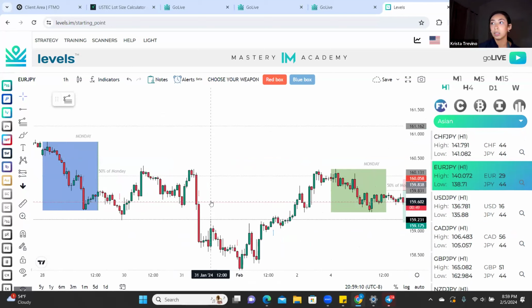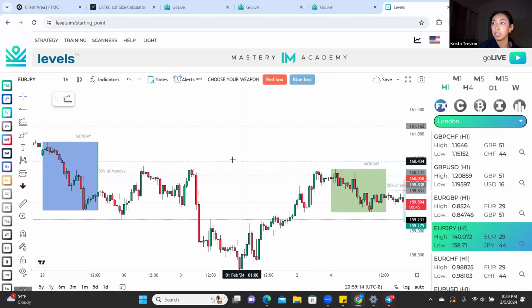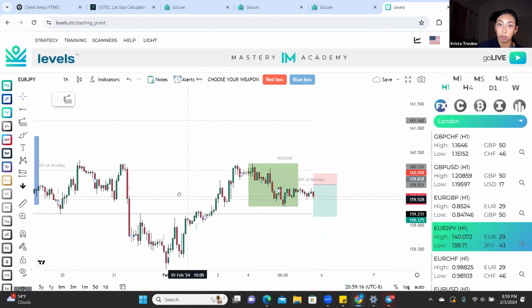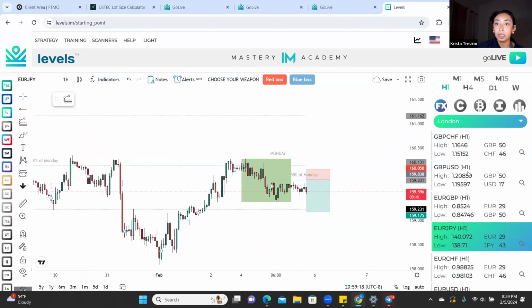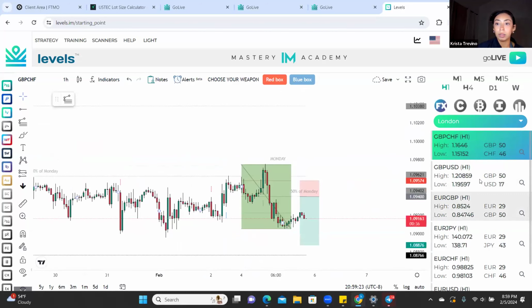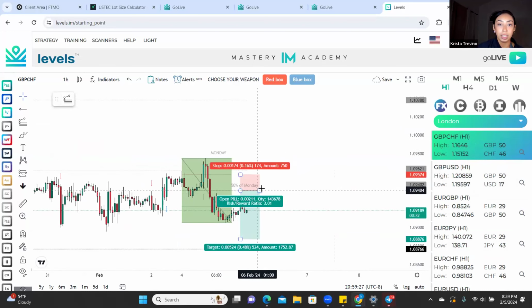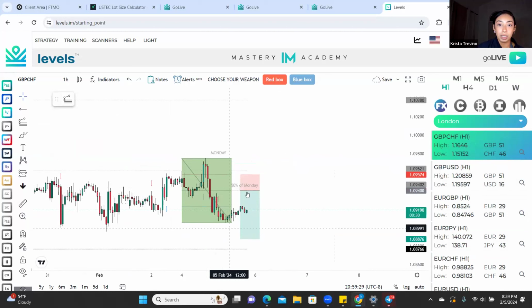Every single one. So you tell me, would you risk just putting the sell limit in with the most simple strategy? Let's see, London, GBP Swiss. Oh, yeah, GBP Swiss, we still have not reached, which I like because what does this look like, you guys?